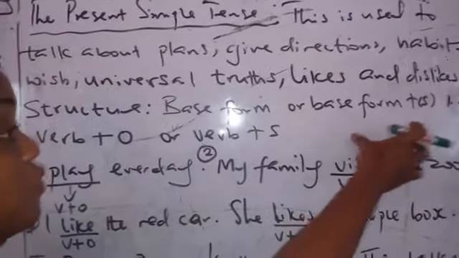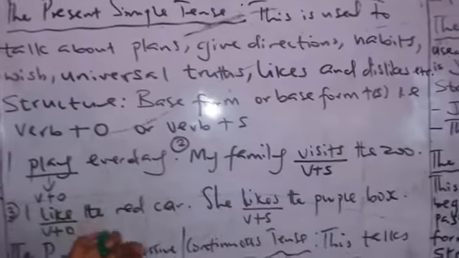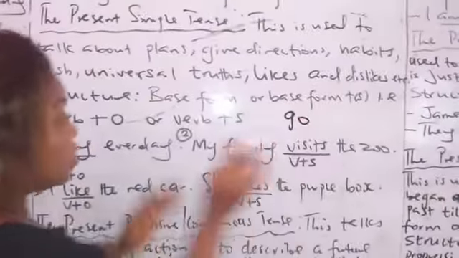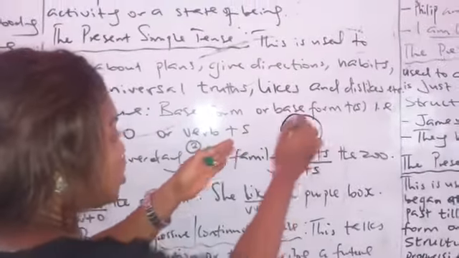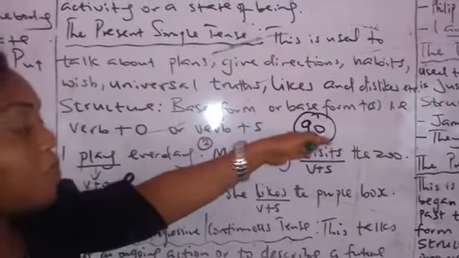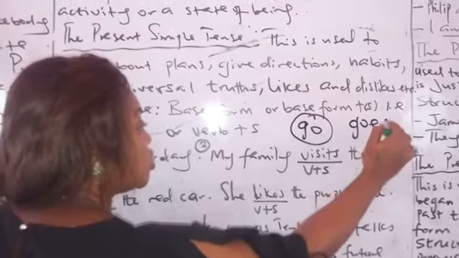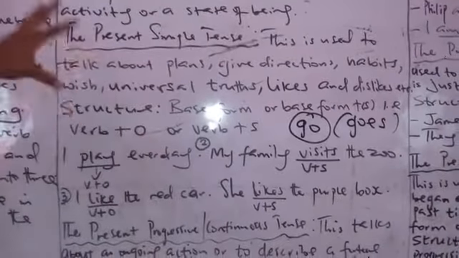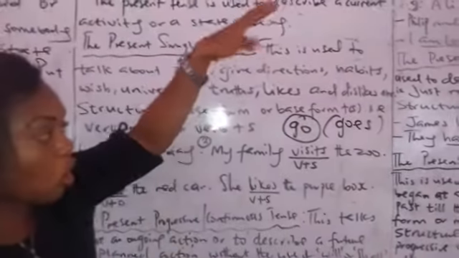The base form talks about the original way a verb appears. If it is go, it stays like that. Now, the base form of this verb is go, while the base form plus s will be what? Goes. So, all the verbs we will be seeing under the present simple tense should either be in the base form alone or have the base form plus the s.